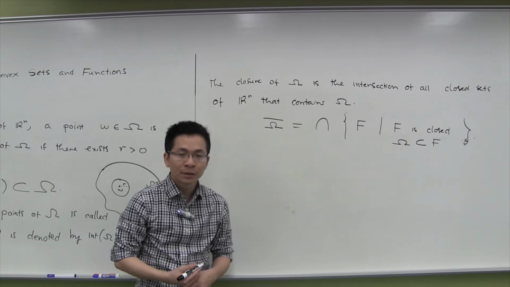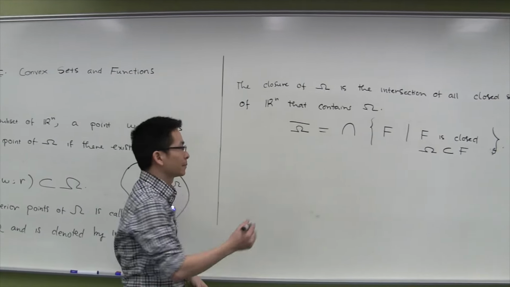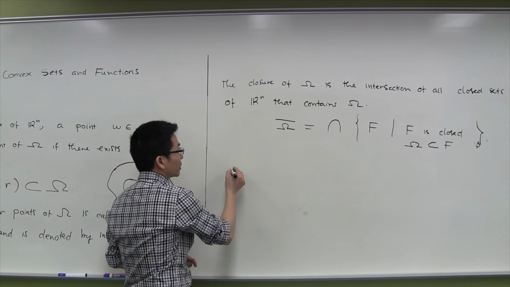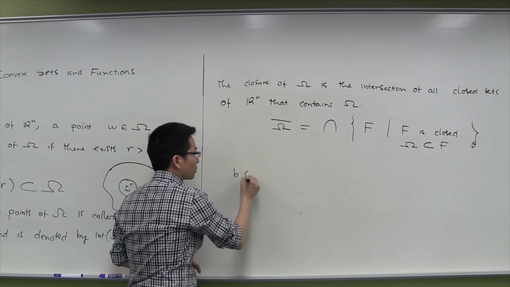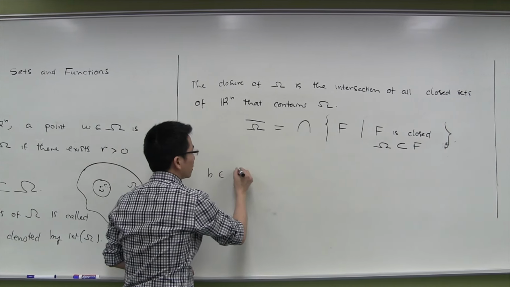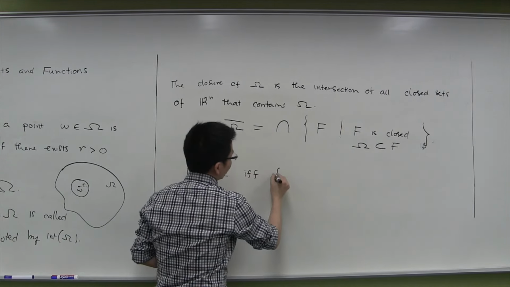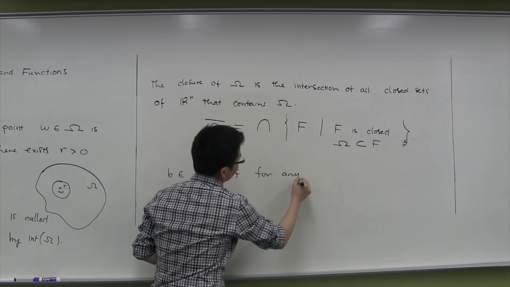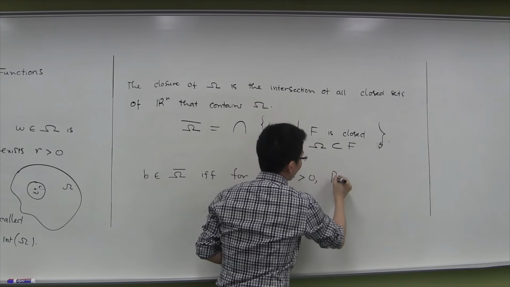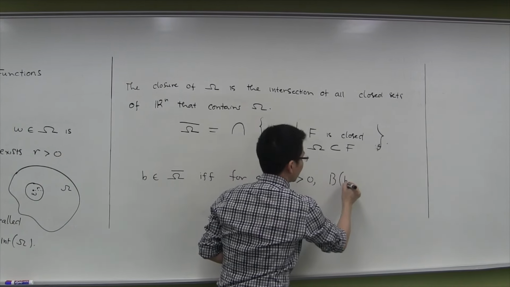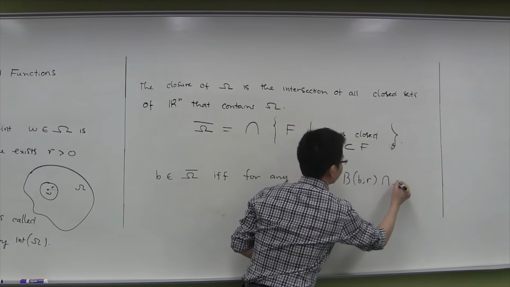And then I'm going to recall another important property of the closure of omega. So we have the following important property. An element B belongs to the closure of omega if and only if for any r greater than 0, the ball with center at B and radius r intersects omega.